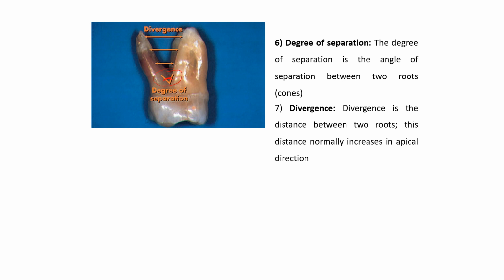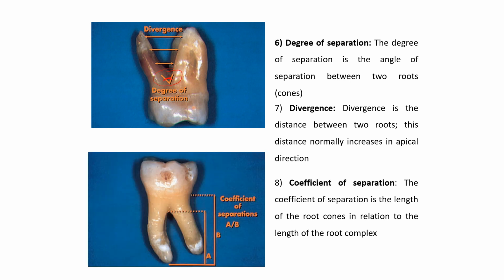This distance increases when we move from the coronal to the apical region. Next is coefficient of separation. It is the length of the root cones in relation to the length of the root complex. So it is a ratio basically. Coefficient of separation is A by B, where A represents the root cone and B represents the root complex.